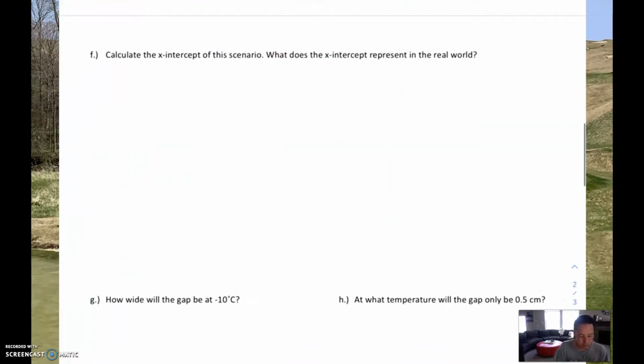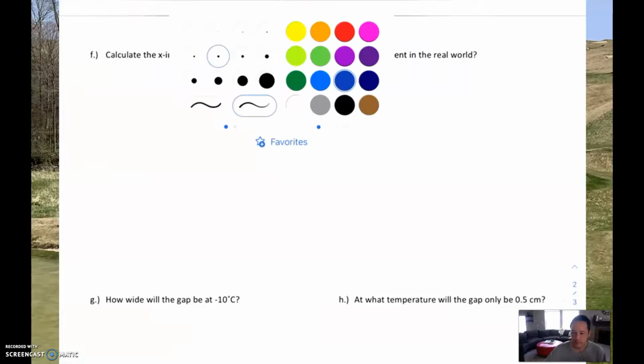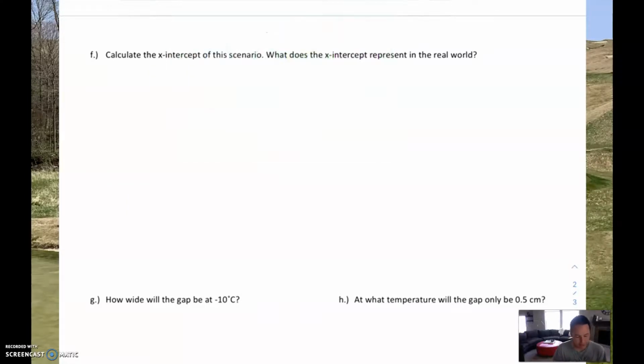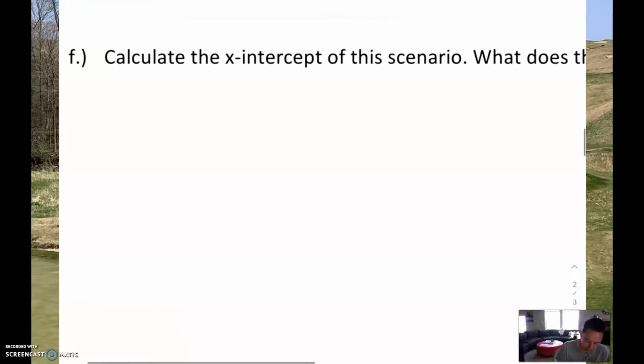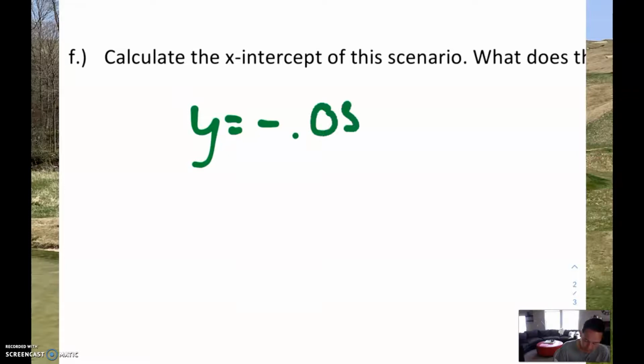Let's move on to part F. We have to calculate the x intercept of this scenario and what does it represent. So I'm going to start with my equation, y equals negative 0.05x plus 2.4.